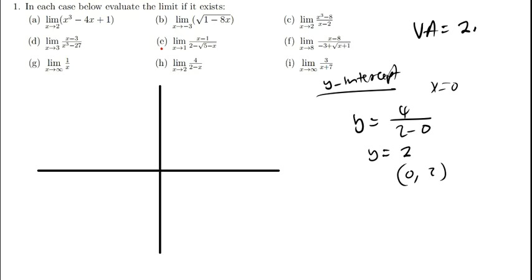So if I sketch, I'm going to use two methods. Now the vertical asymptote is at 2. I'll put 2 there and draw a line. Now one thing I want you to understand is this. As we are getting closer to 2, what will be the value of y?